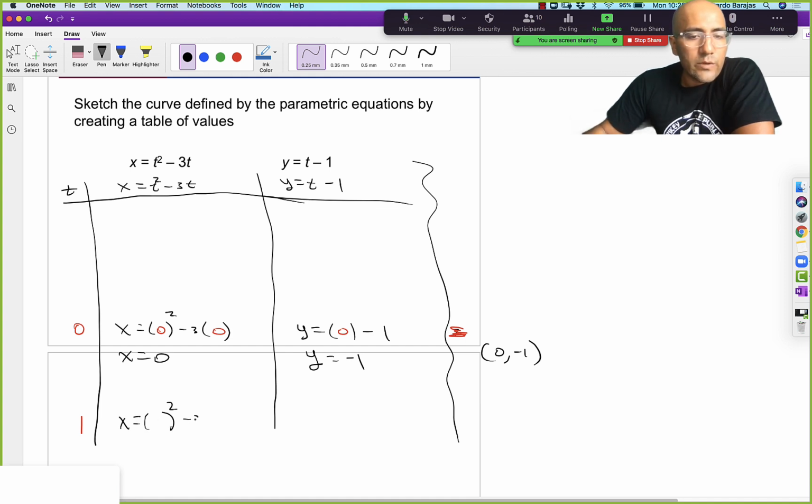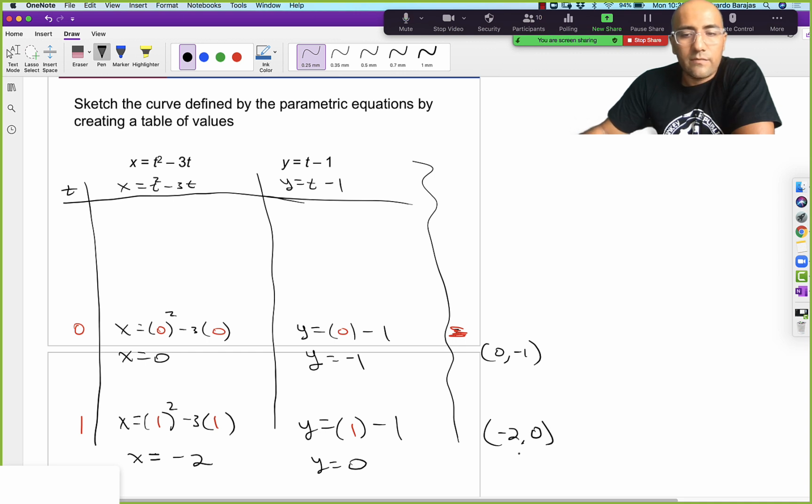It's something squared minus 3 times something. And the y is equal to something minus 1. And that something is our parameter value of 1. And so we end up with 1 minus 3. So x is going to be equal to negative 2. And y equals 0. So we end up with the ordered pair negative 2, comma 0.